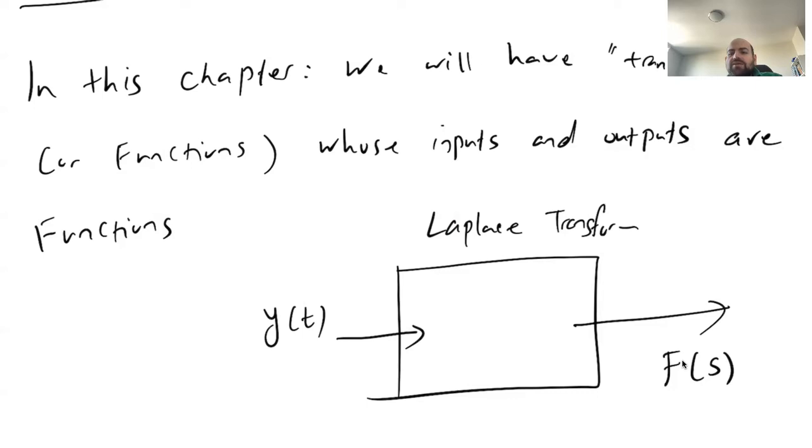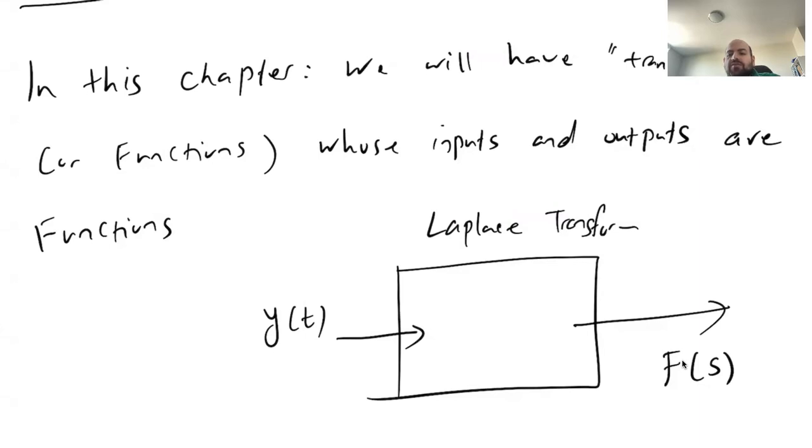Once we solve for capital F of s, we can go back to our original function y of t by applying another transform called the inverse Laplace transform. So an inverse function, you know, has the property that it changes the input to output and output to input.